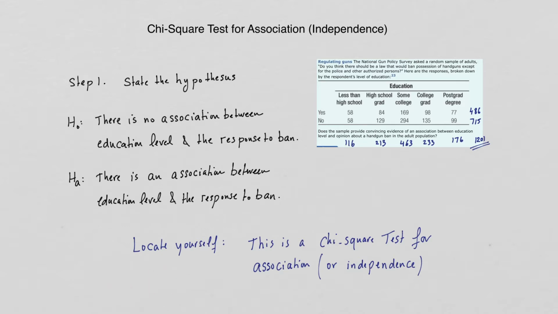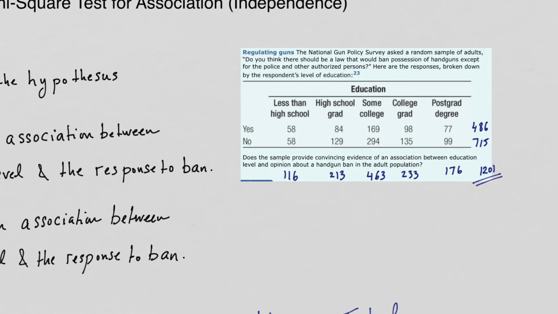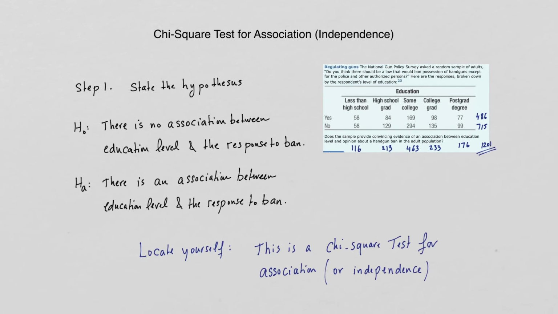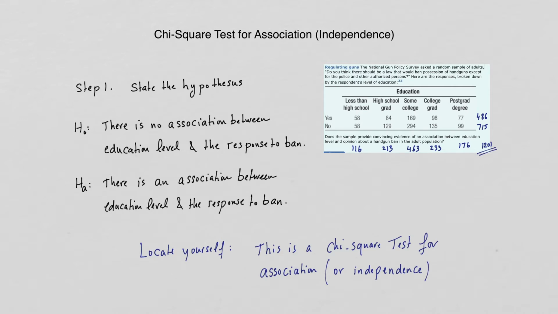Okay? So I have an example here. The National Gun Policy survey asked a bunch of people, do you think there should be a law that would ban possession of handguns? And they recorded the responses, okay? They stratified by educational level.